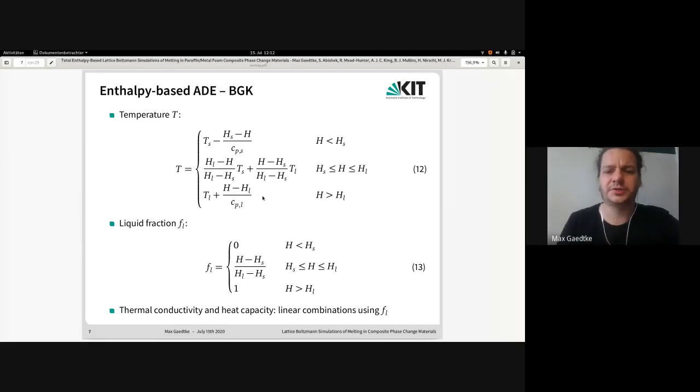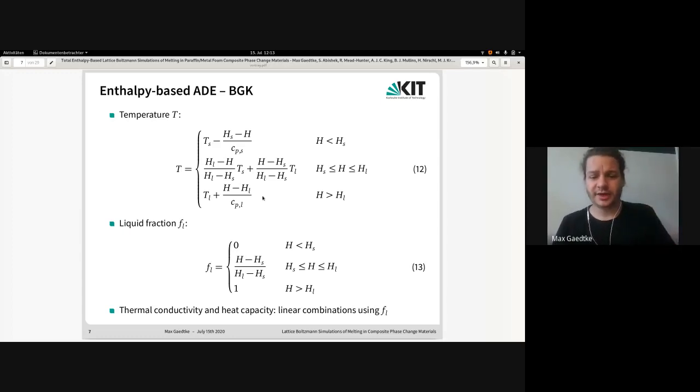And as you've seen in Giacomo's presentation, the temperature, when looking at melting, is actually a piecewise linear function, which is given here in equation 12, with the parameters of the solidus enthalpy and the liquidus enthalpy given by HS and HL. So these are the borders of the solidification range. You can also calculate the liquid fraction from that, again, as a piecewise linear function.